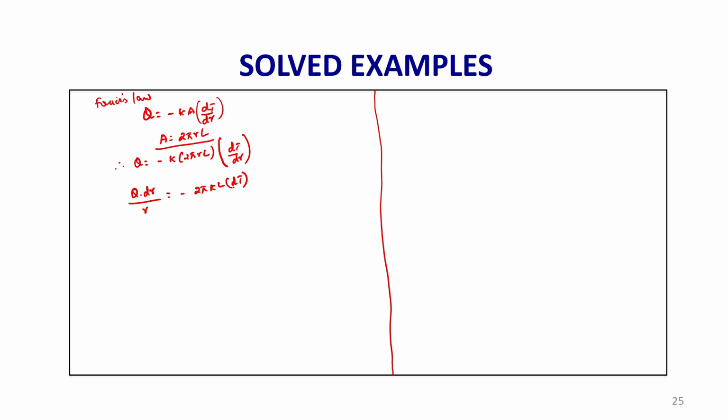Now, integrate this equation on both sides. So, integral Q into dr by r is equal to minus integral 2 pi kl into dt.